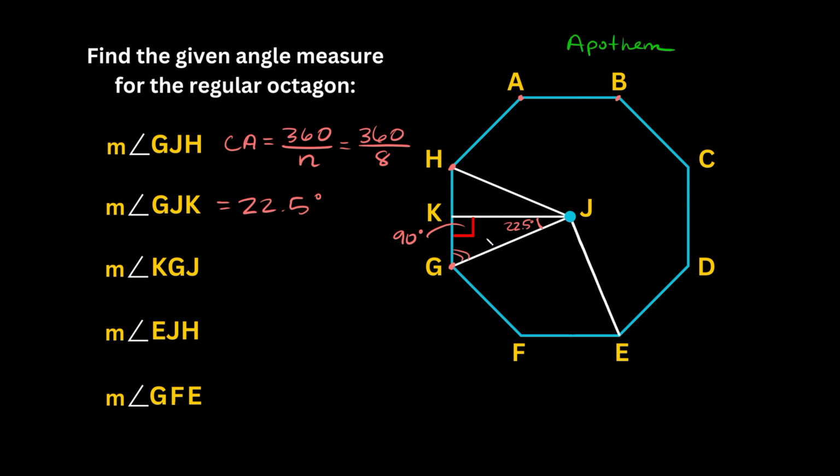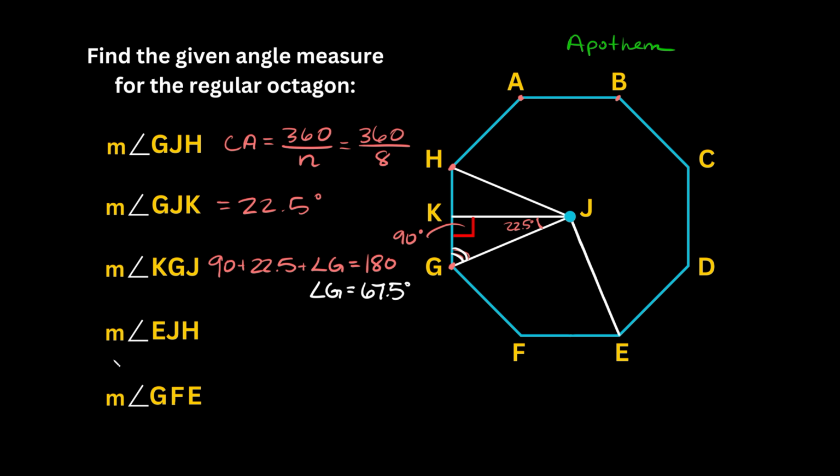And remember, whenever you add up all the angles inside of any triangle, they should add up to 180 degrees. So 90 plus 22.5 plus, we'll just call it angle G, is equal to 180. So it looks like angle G over here is going to be equal to 67.5 degrees. That's the measure of this angle right here.